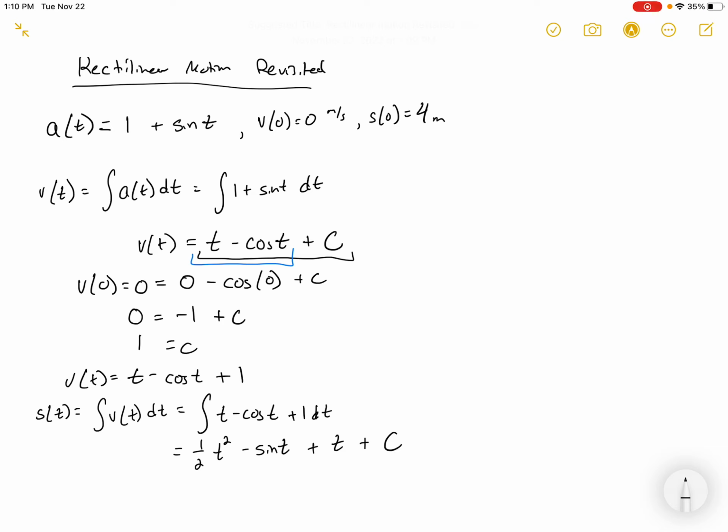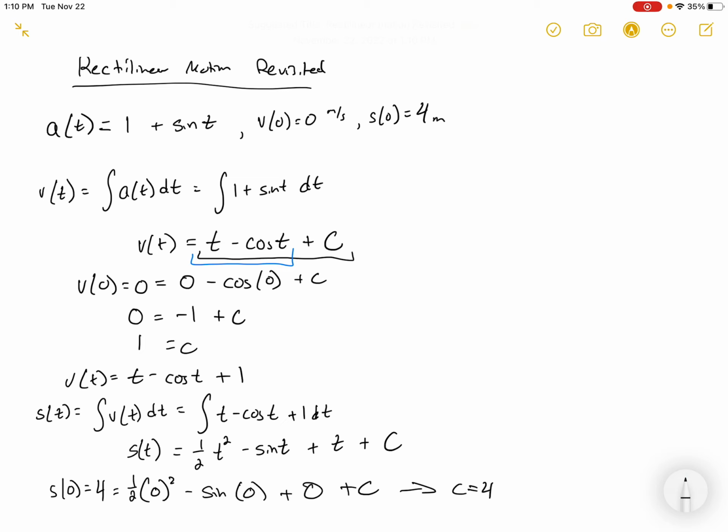And we said that s of 0 was equal to 4. So if I plug in 0 for t, I'm going to get 1/2 times 0 squared minus sine of 0 plus c. All of those things are 0, so we're going to get c equals 4.